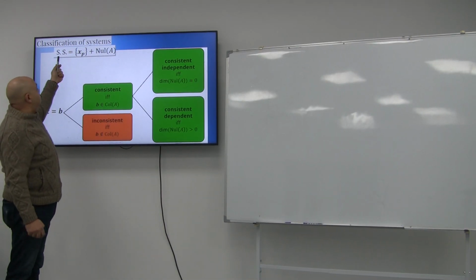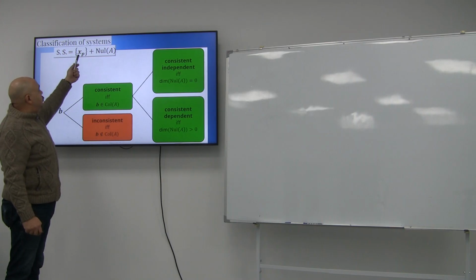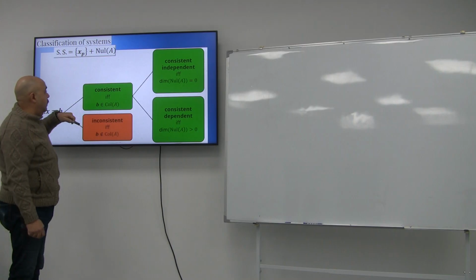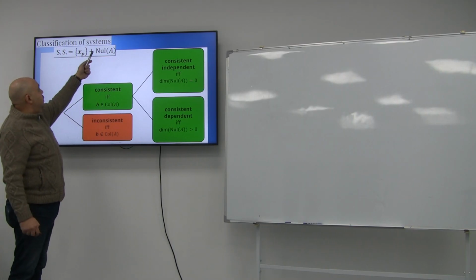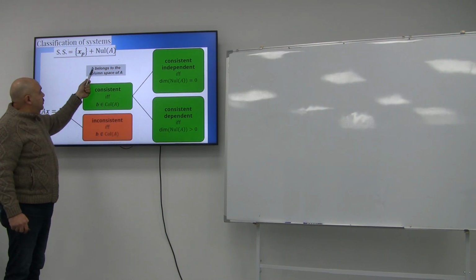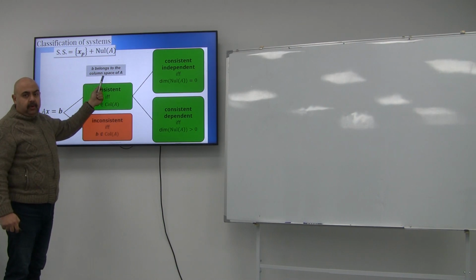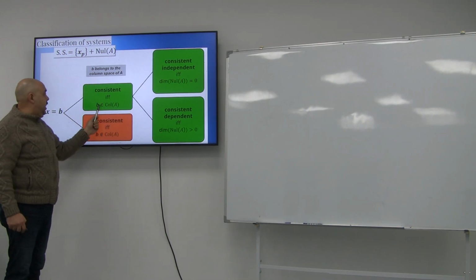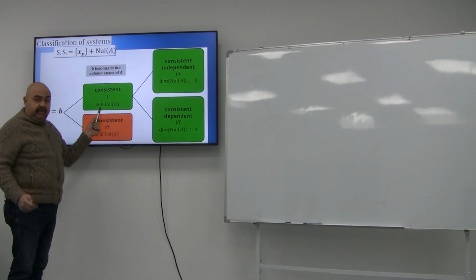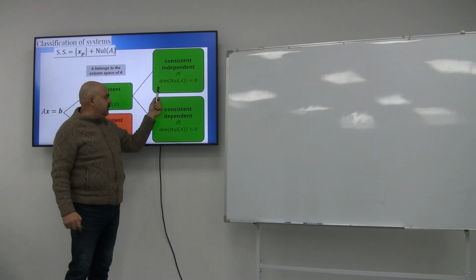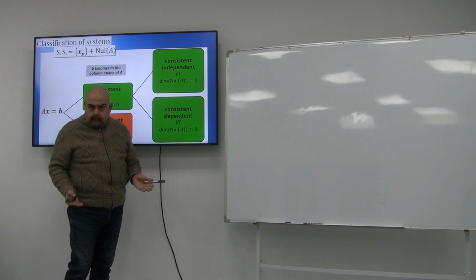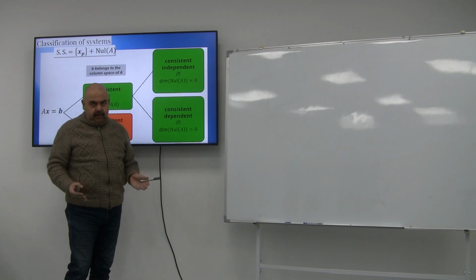I will have the solution set space, which equals the particular solution, the consistent independent set, plus the null space of A. Remember that for solving a system, b should belong to the column space of A. If b belongs to the column space of A, then you will have a consistent system. It will be either a consistent independent or a consistent dependent system. But it's a condition to have a solution for a system of equations.